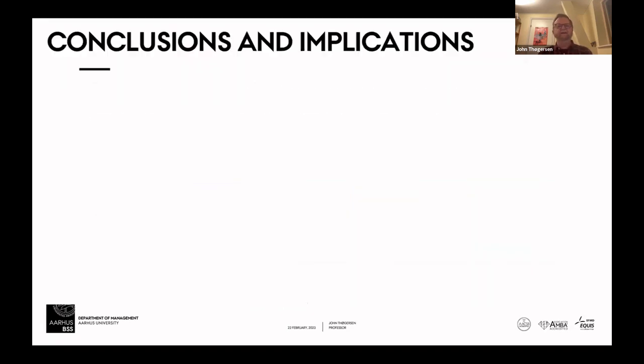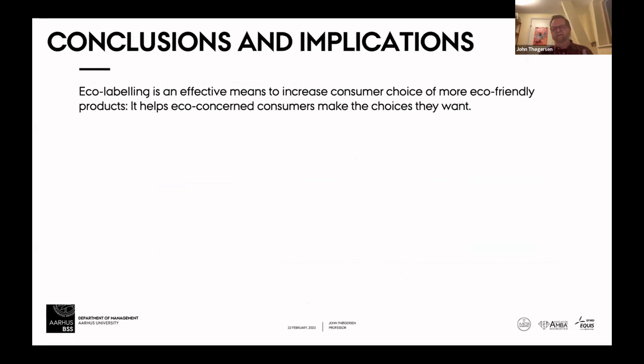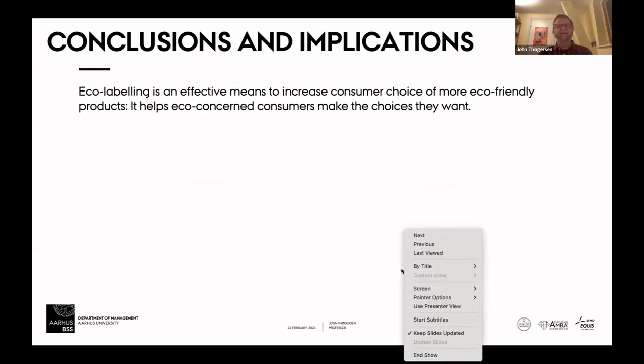So in sum, what research shows is that eco-labeling is actually an effective means to increase consumer choices of more eco-friendly products. It helps the eco-concerned consumers to make the choices they want to make.